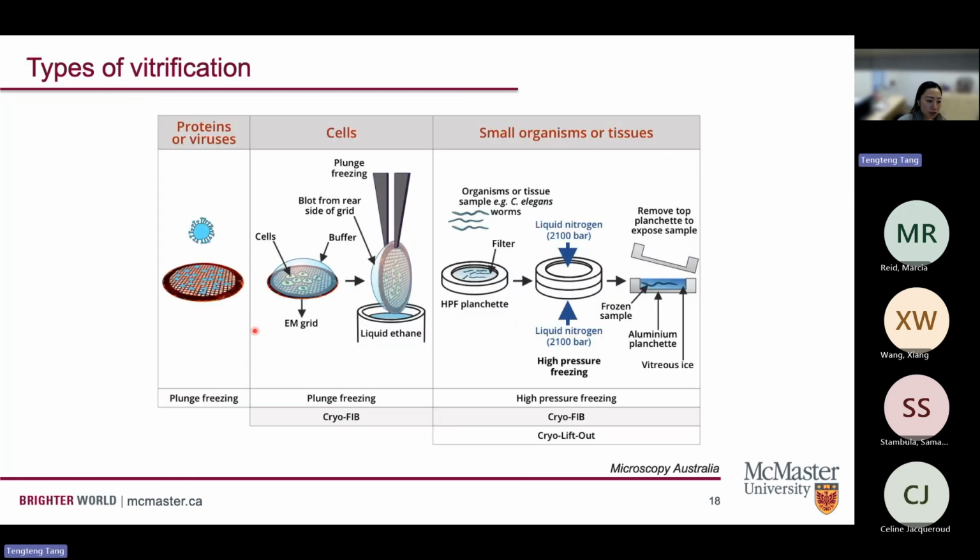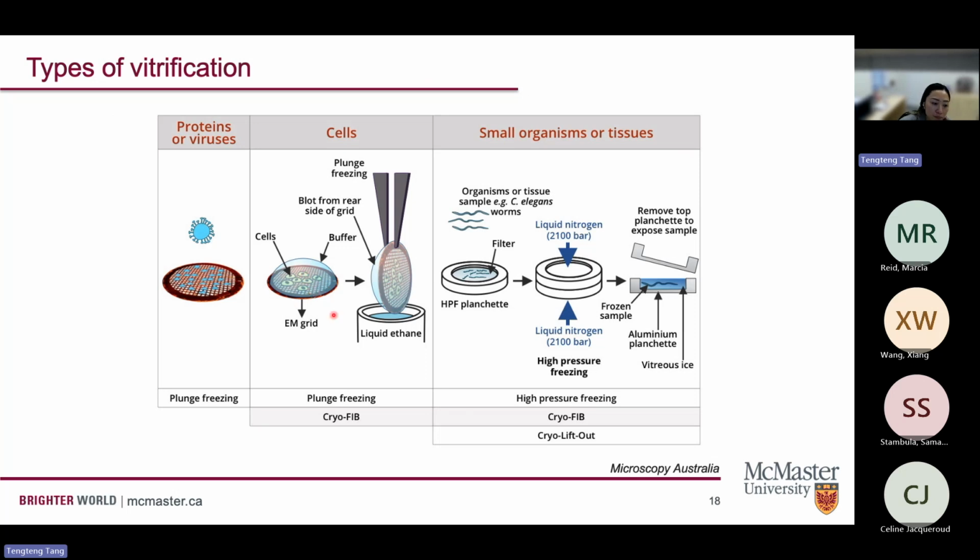When it comes down to the cryopreservation of biological cells or tissues, generally speaking, we can either resort to plunge freezing or high pressure freezing. At the CCEM, we actually have access to plunge freezing. This is suitable, for example, if you have cells that you want to preserve under cryogenic condition.